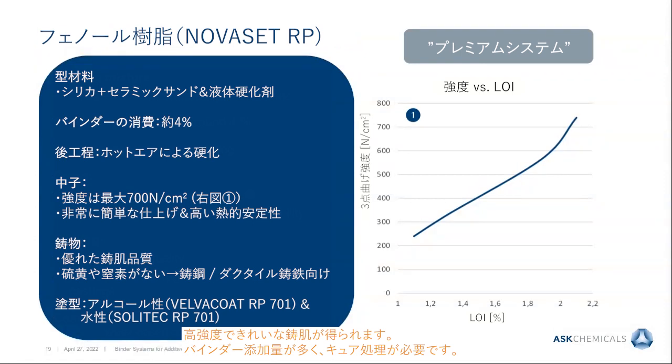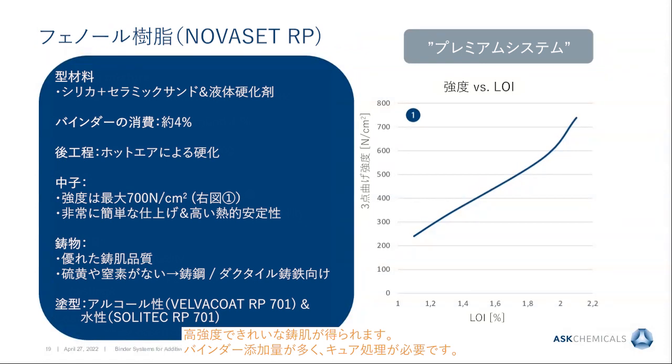In contrast to Ascoran 3D, NovaSet RP has very easy finishing. So there is no need for extensive mechanical finishing of the cores. And the cores, after curing, provide a very high thermal stability in casting. As for casting properties, there are very good surface qualities that can be obtained with this system.